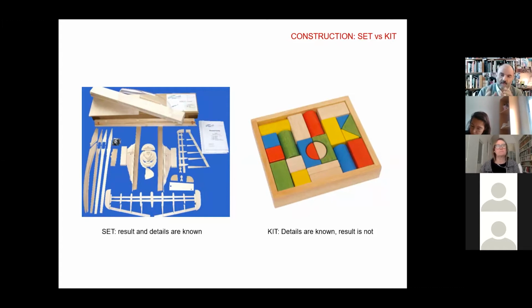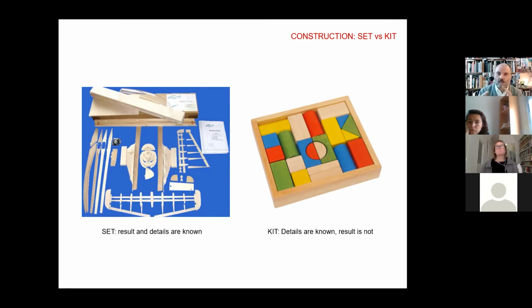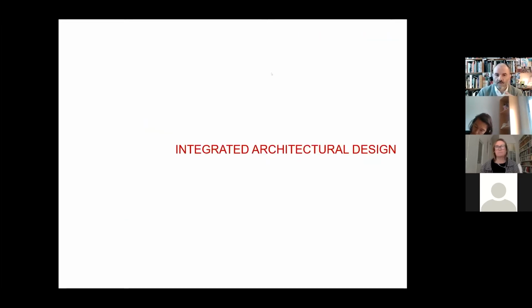Open system means that all the elements in the market are known because all the producers give you catalogs or whatever, but the way of combining them and the final result is up to you.